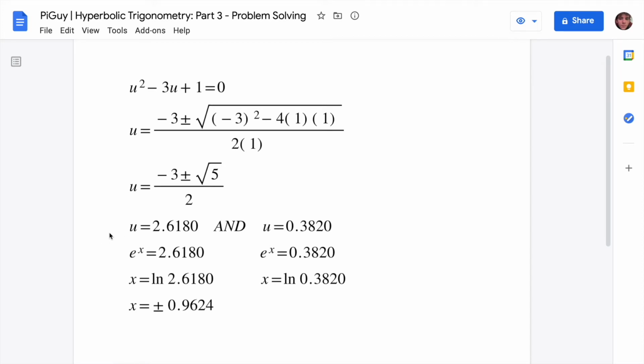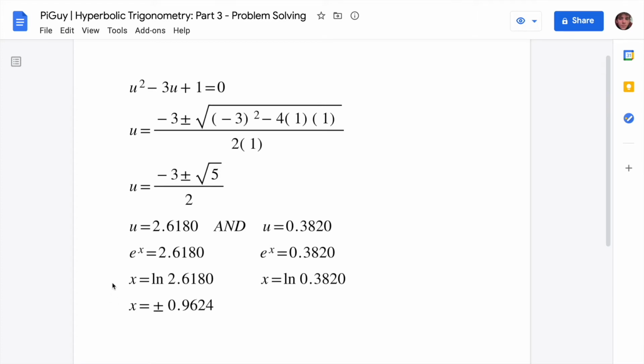But then remember that we had a substitution where we let u equal e to the x. So now we have to plug e to the x back in and replace it for u. So now you have e to the x equals 2.6180 and e to the x equals 0.3820. And then we take the natural logarithm of both sides. So we have ln 2.6180 and ln 0.3820.